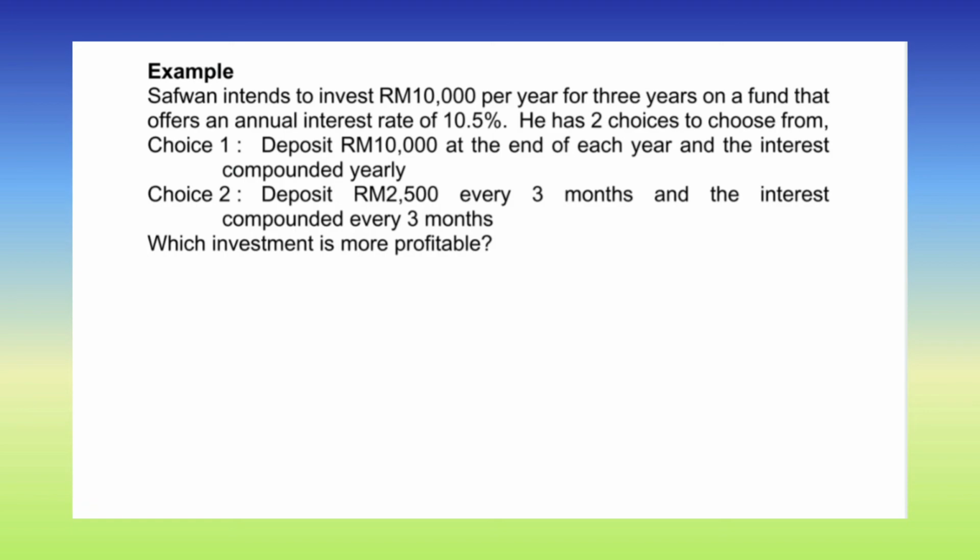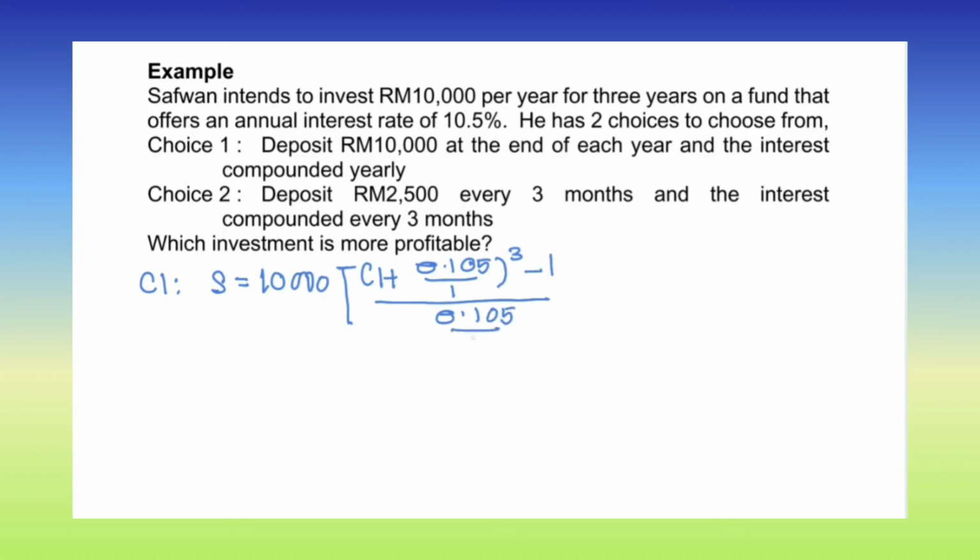So first we look at the first choice. Choice number 1, S equal to R 10,000 times 1 plus I, 0.105 divided by 1 to the power of 3 minus 1 over 0.105 over 1. So the answer will be RM 33,260.25.